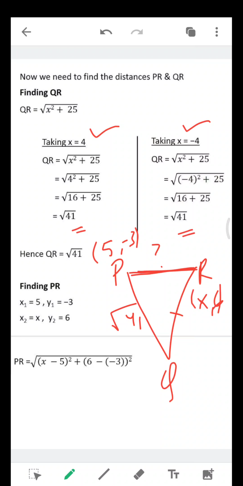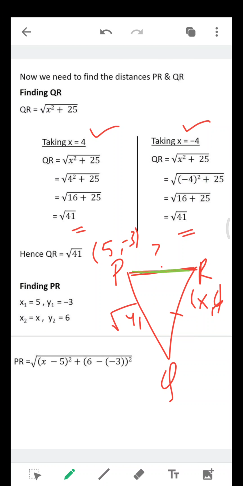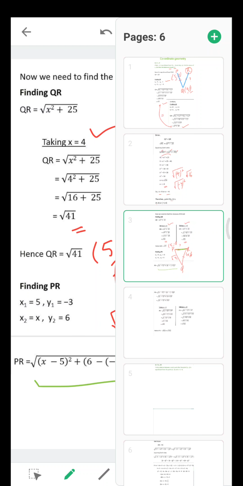The 5 comma minus 3 is your x1 y1, and x comma 6 is your x2 y2. So we'll find the PR distance by taking x as x only: x minus 5 whole square, and y2 minus y1 is 6 minus of minus 3 whole square.